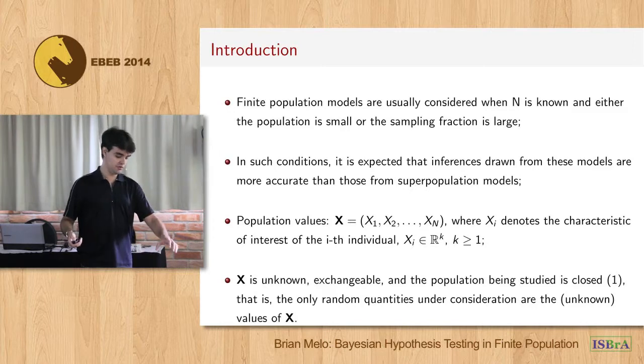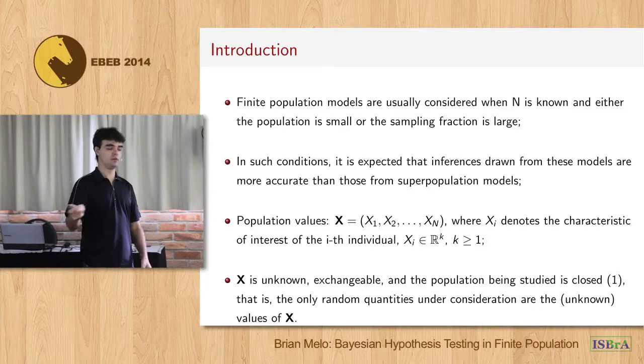When we draw a sample, for example, we draw x1, so we see the real value of the characteristic of interest for x1, and then the only randomness is on x2, x3, ..., xn. And when we observe the real value, we don't have any kind of measurement error, nothing like this.